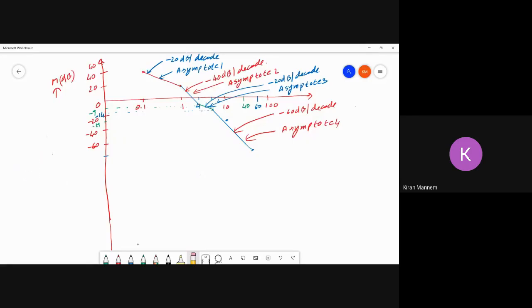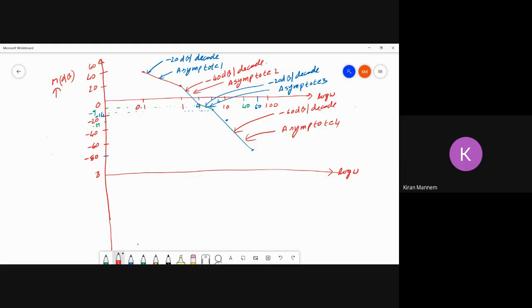Let us draw the phase plot. Log omega. Assume this is 0 degree.